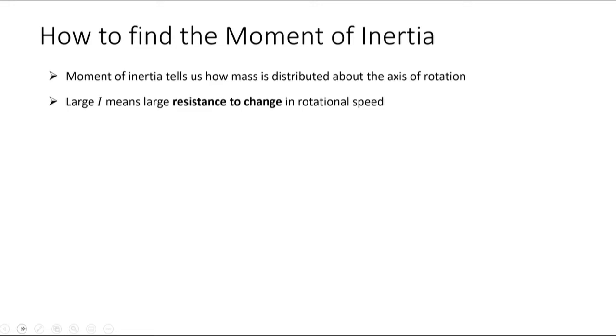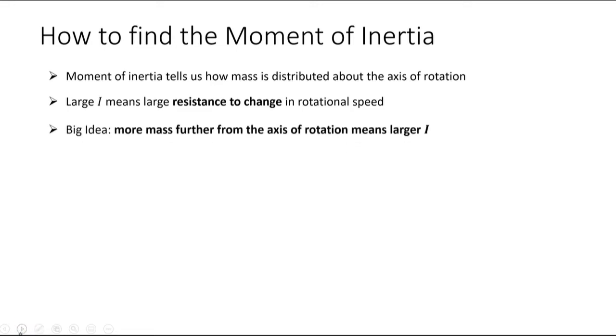So if you have a larger moment of inertia, larger I, you're going to have more resistance to change in rotational speed. All right, and like I mentioned on the last slide, the more mass you have farther away from the axis of rotation, the larger I you're going to have, or in other words, the larger resistance to change in rotational speed you will end up with.